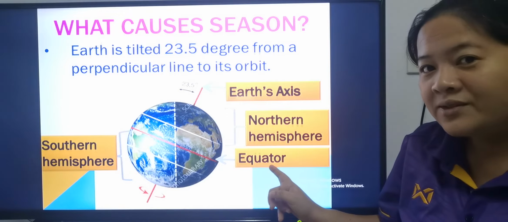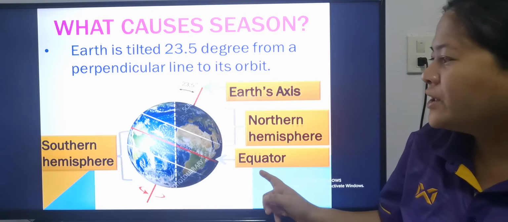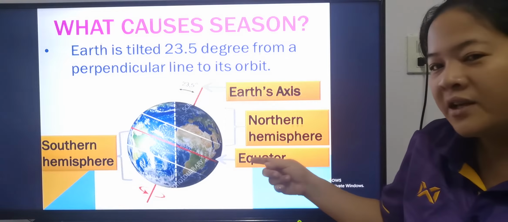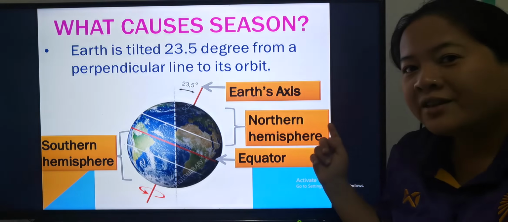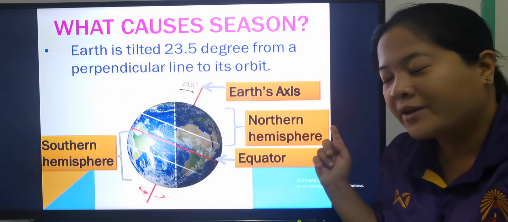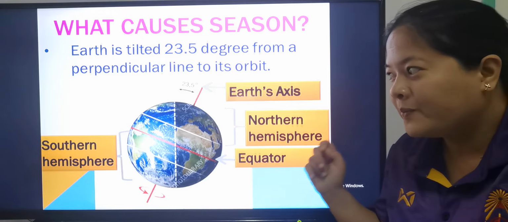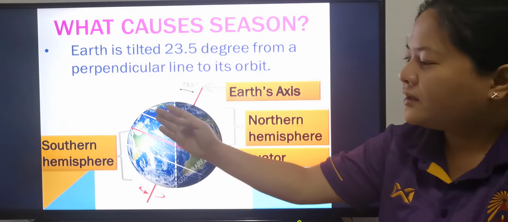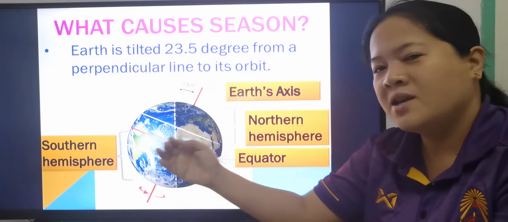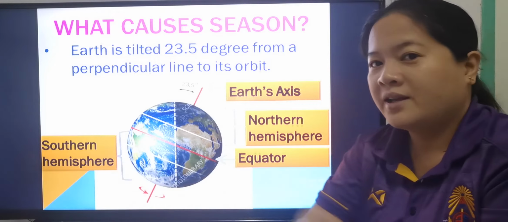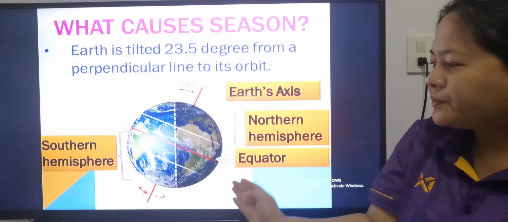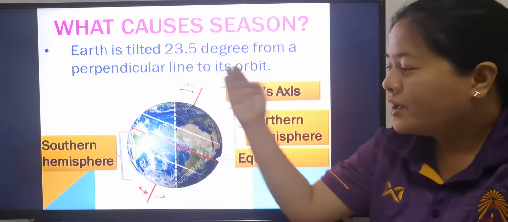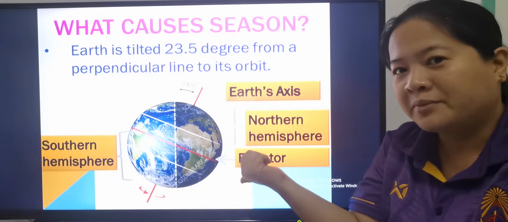If you divide it into two, the areas above the equator we call the northern hemisphere, and the areas below the equator are called the southern hemisphere. These words are in the vocabulary words that I showed you. I hope you will look at them again if you cannot remember.